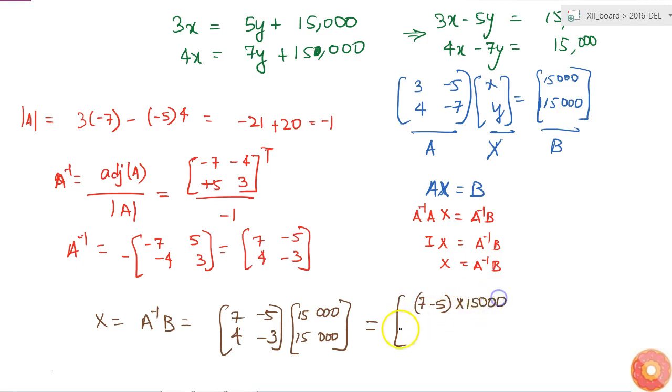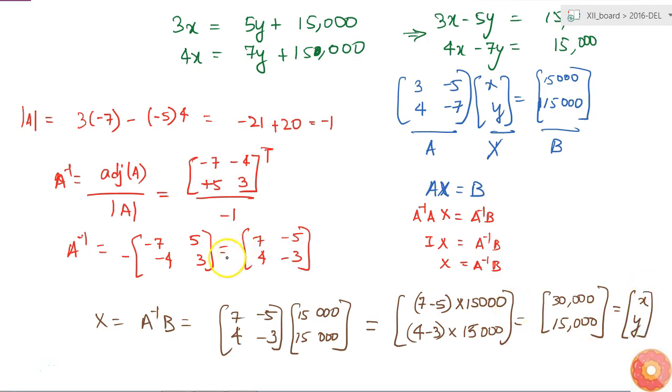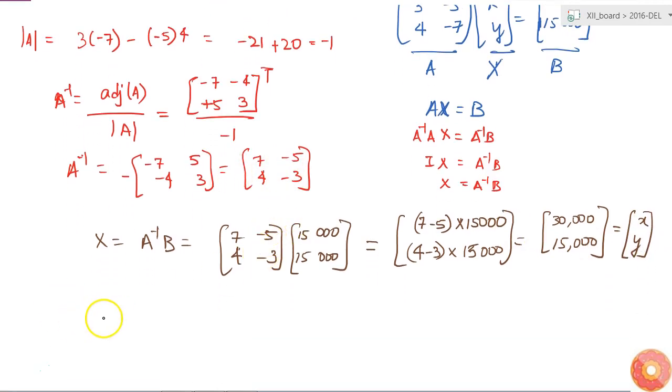That is the first element, and the second element is 4 minus 3 into 15,000. So 2 into 15,000 is 30,000 rupees, and 4 minus 3 is 1, so this is 15,000 rupees. This is equal to the matrix X, Y. So X is equal to rupees 30,000 and Y is equal to rupees 15,000.